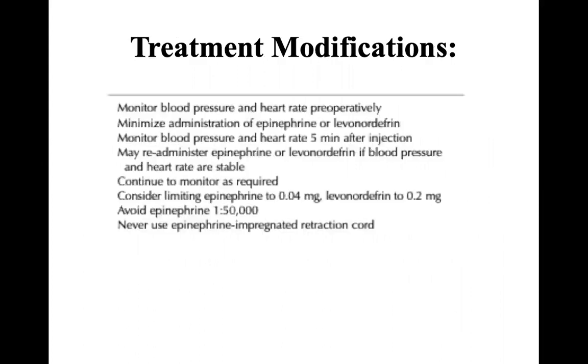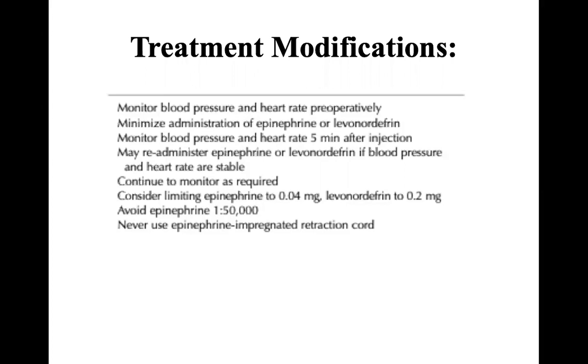This table shows some potential treatment modifications that you can make if you have a patient that has some of those issues that I just listed. You can monitor the blood pressure and heart rate preoperatively. You can minimize the administration of the vasoconstrictor, and monitor the blood pressure and heart rate 5 minutes after injection if you think you need to.